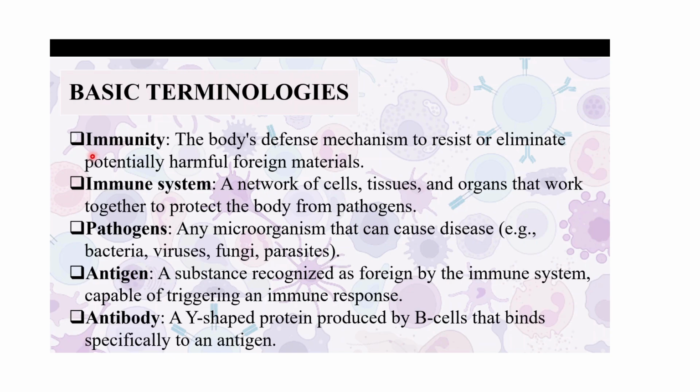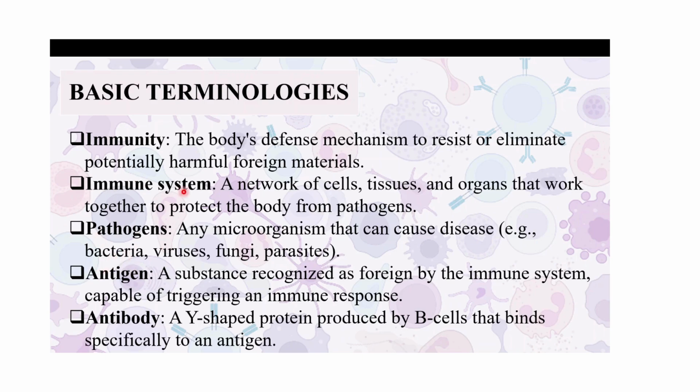I have been asked this question a lot: does the immune system help in performing immunity? So the answer to this question is yes. Again, it's a very basic question, but this type of questions are asked. So you can be very sure of that.